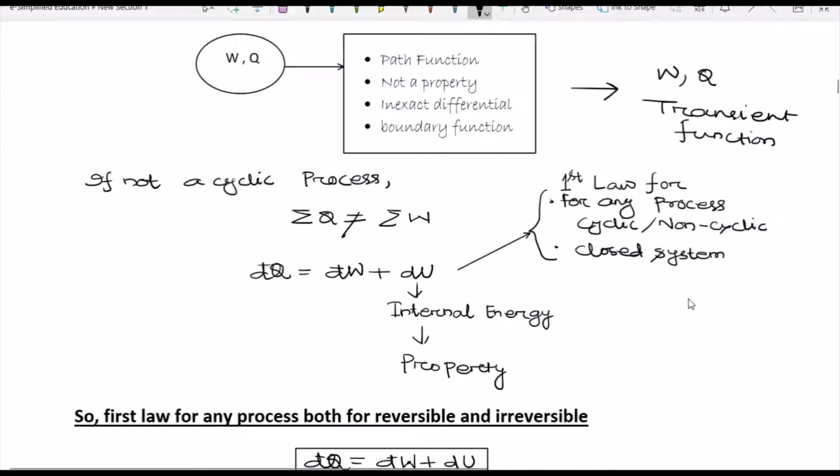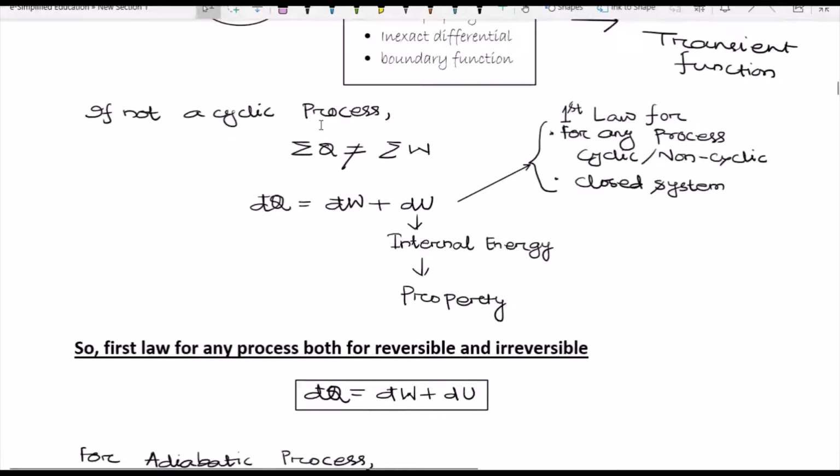Work transfer and heat transfer, W and Q, sometimes behave as a property, sometimes as a point function. That's why we call it a transient function. But the origin is that these are generally path functions, and these are also inexact differentials, and these are boundary functions.